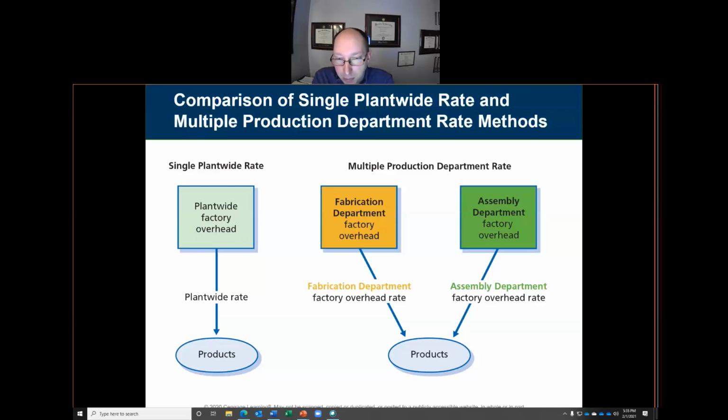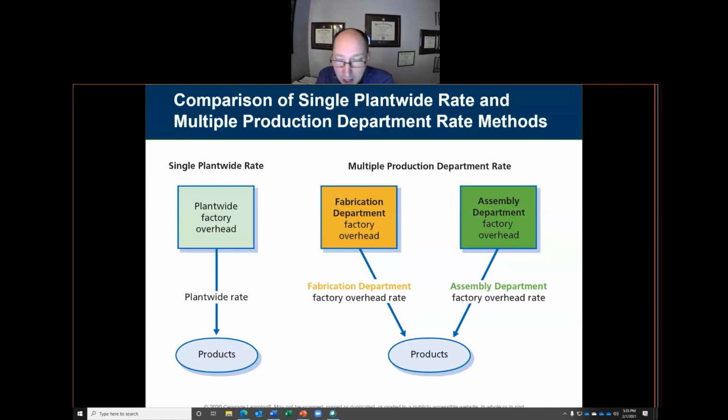The same concept applies. So in our example, we're manufacturing snowmobiles and lawnmowers. We might have two different departments. We've got the fabrication department. Fabrication, what that means is they're shaping the metal, right? They're cutting the metal. They're making it into the shape. That's fabrication. Welding, all that fun stuff. And then you have your assembly department.